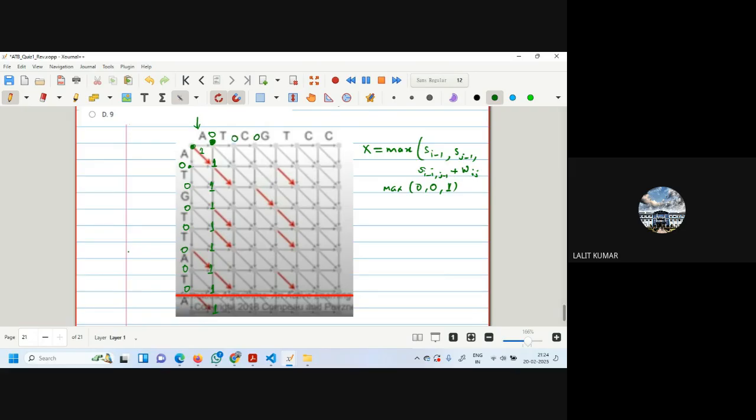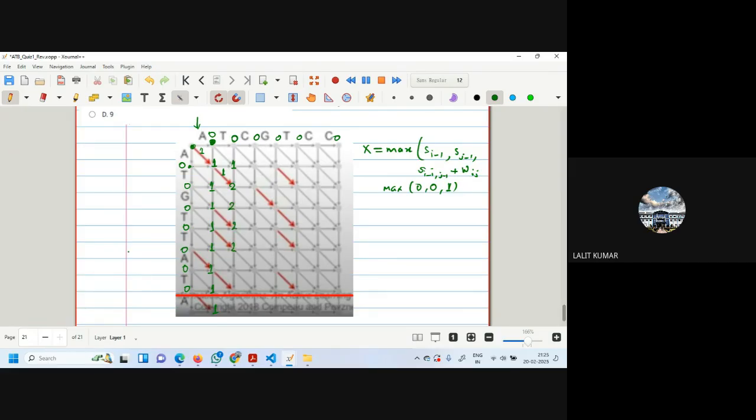So starting, we fill the top and these values. So these are 0. Now when I come here, this value will be the max of this value and this value. So again, this becomes 1. This will become max of 1, 1, and the weight is 1. So this will become 2. And this 2 will percolate downwards.